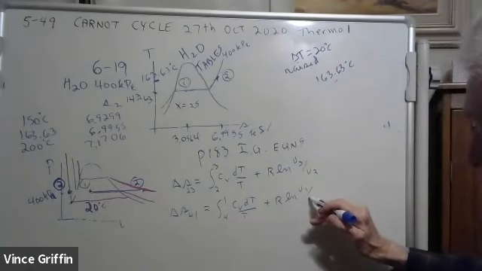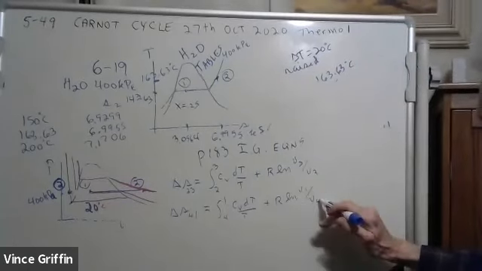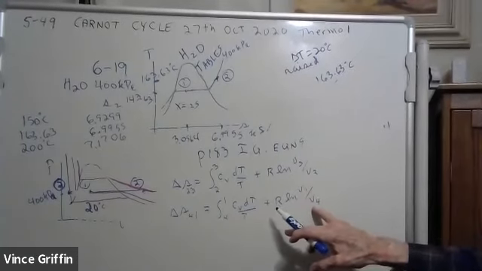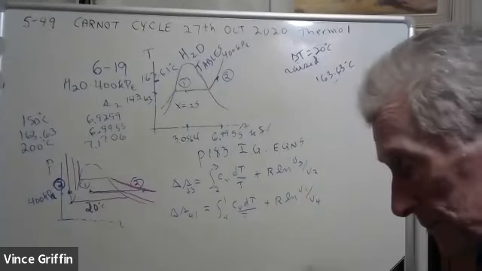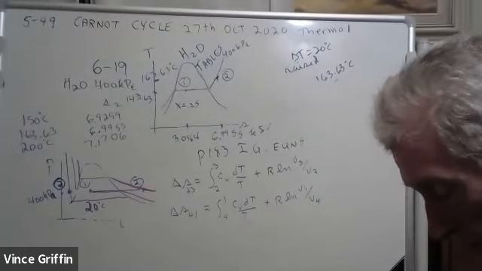I think I did this equation for Mohammed to find V1 because remember, he knew what V4 was. Professor, is that plus R log or minus R log? And is it CP or CV? This is CV.